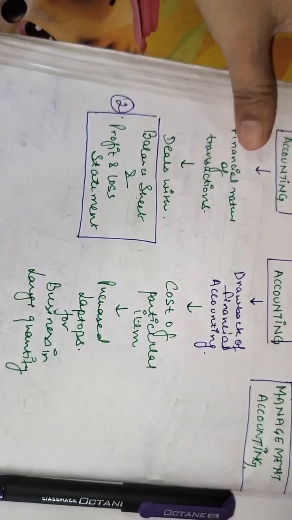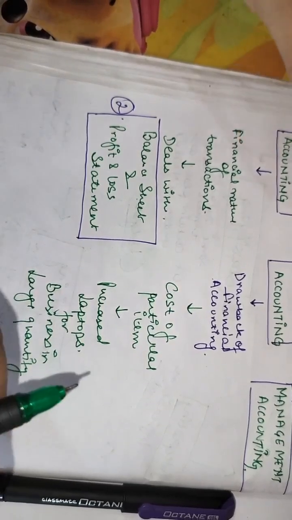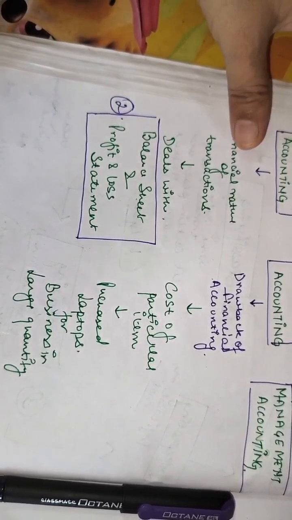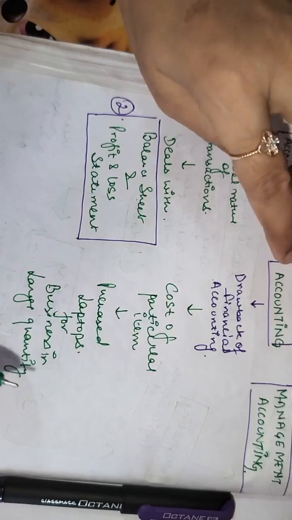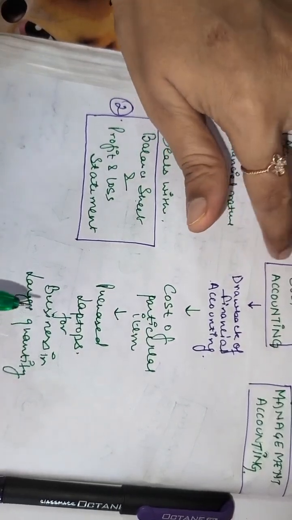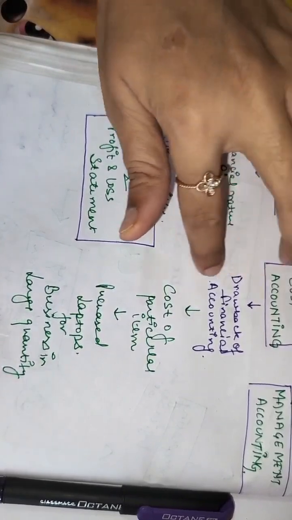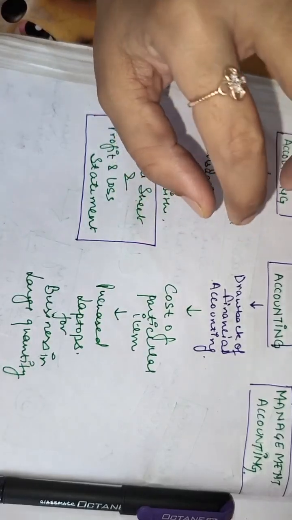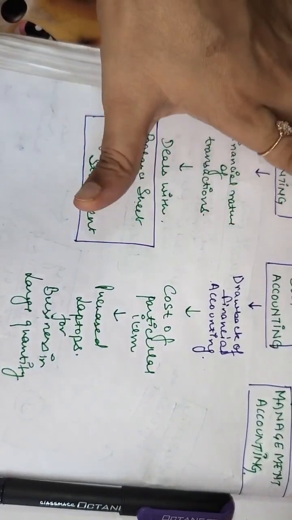But what details regarding the cost, like what amount of cost at which the same has been purchased, will be recorded under or comes under this part of accounting, which is cost accounting. So it only deals with the cost related items or the cost related products.